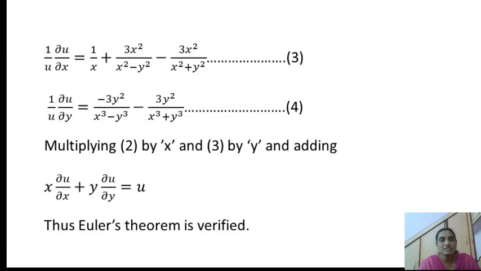Similarly differentiating with respect to y, we get 1 by u, ∂u/∂y is equal to minus 3y square divided by x cube minus y cube minus 3y square divided by x cube plus y cube. Call this equation number 4. Now multiplying equation 3 by x and equation 4 by y and adding these two equations, we get x ∂u/∂x plus y ∂u/∂y is equal to u. Thus, it verifies Euler's theorem.